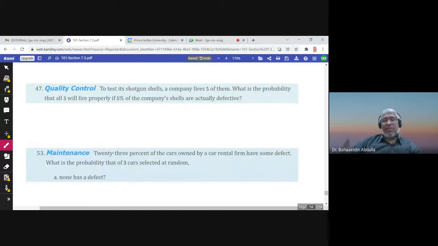To test its shotgun shells, a company fires 5 of them. What is the probability that all 5 will fire properly if 5% of the company's shells are actually defective? So what is the probability that it fires properly? 5% defective, so 95%. We need the probability that all 5 fire properly.